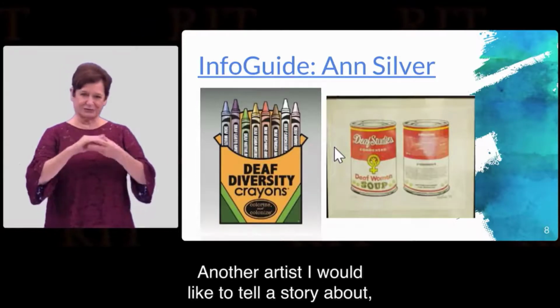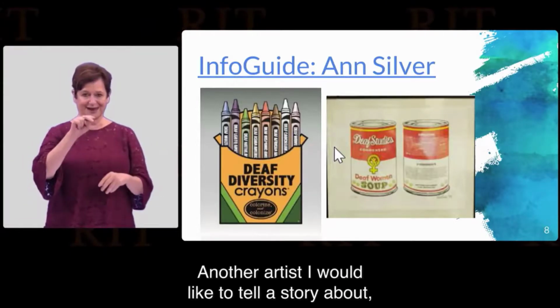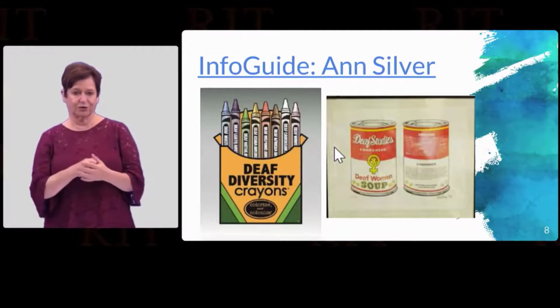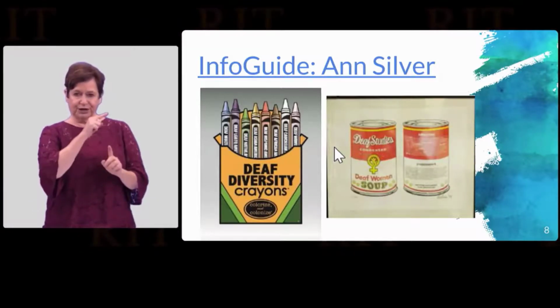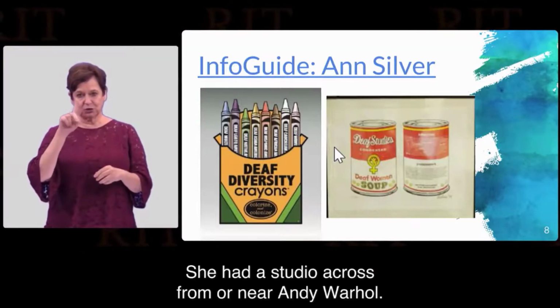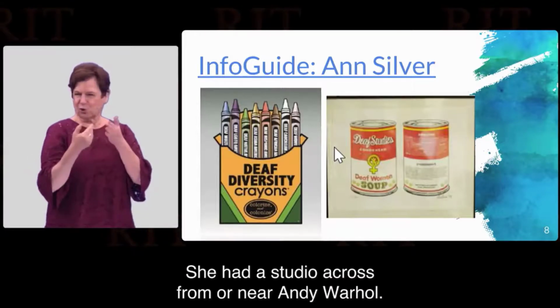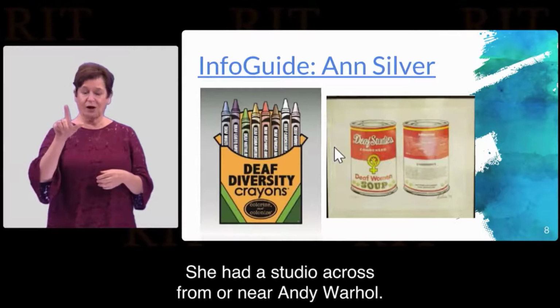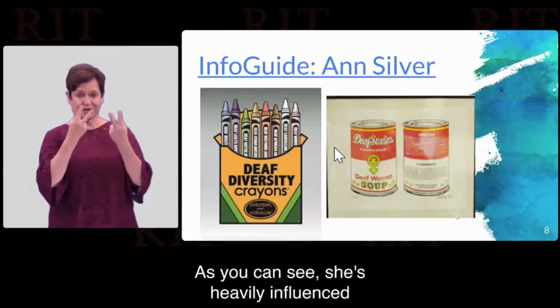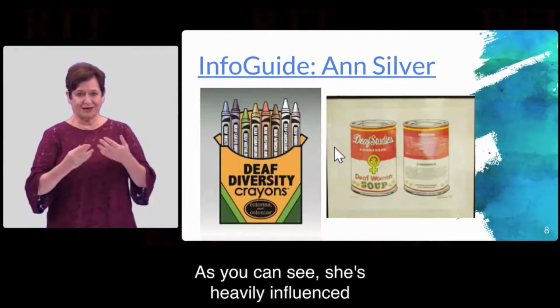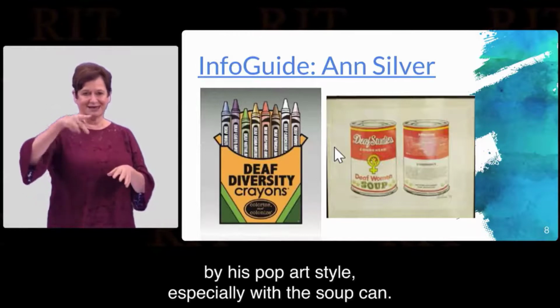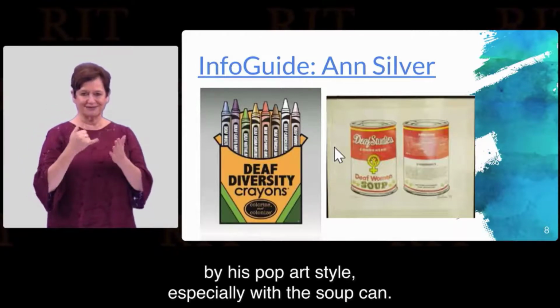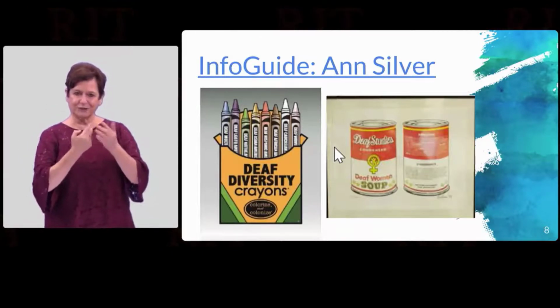Another artist I would like to tell a story about, her name is Anne Silver. She had a studio across from, or near, Andy Warhol. As you can see, she's heavily influenced by his pop art style, especially with the soup can.